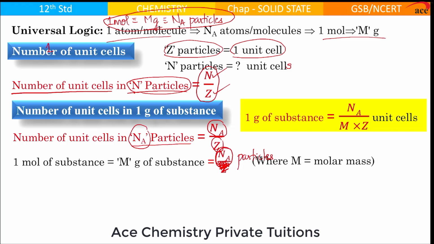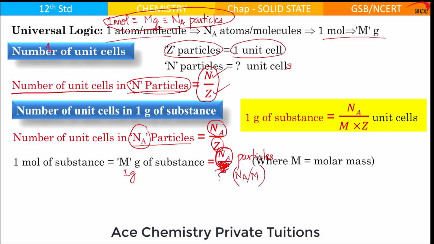So, 1 gram of the substance contains how much? If you cross multiply, 1 gram contains how many particles? Answer is Na/M particles.